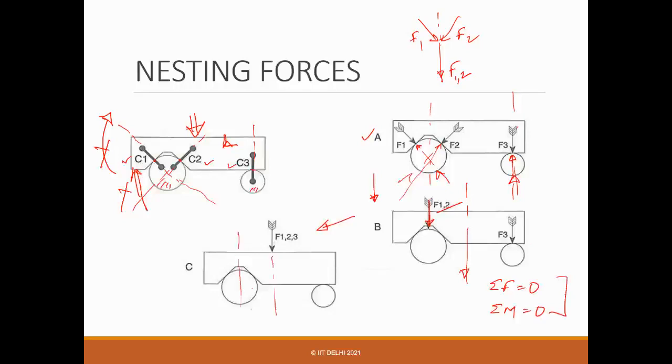F12 was here, and I think it is a very simple exercise, and you should be able to do that. I may ask this kind of question now. So F12 and this is F3. If you have F12 and F3, this will be the resultant, and what will be the distance where it should be applied?